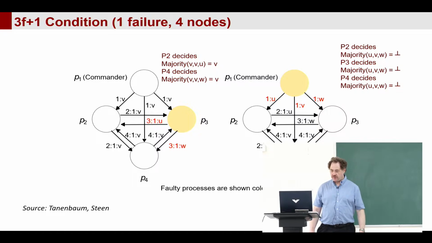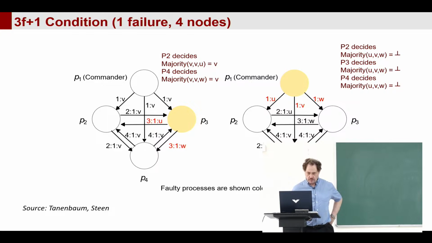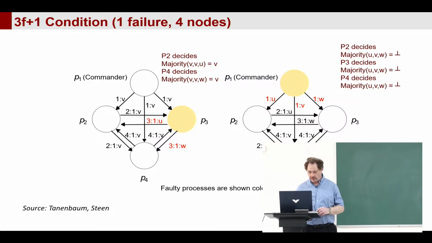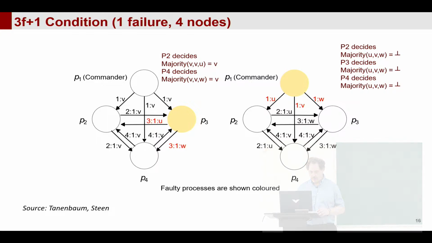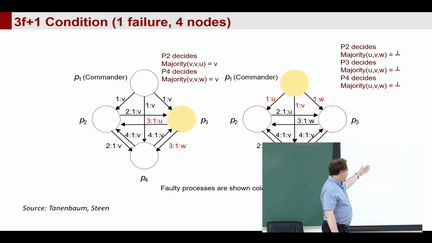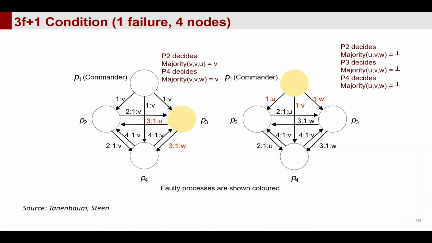This is a scenario with four nodes, of which one can be Byzantine. The Byzantine node is colored in a different color. So what happens in this scenario? The commander would send a certain value V to all of the lieutenants.